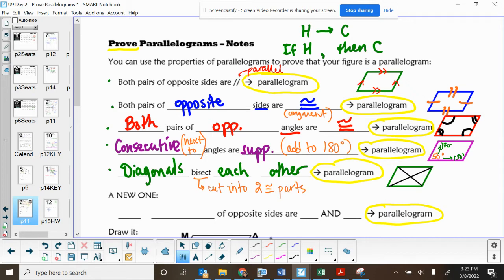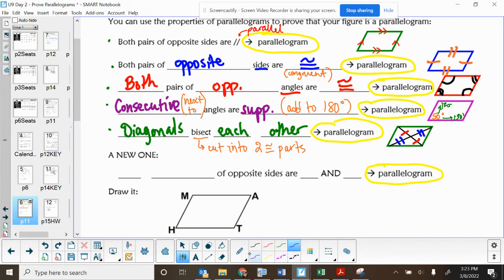So to mark that on the picture, we'll say, well, these 2 halves of the diagonal are the same, and these 2 halves of this diagonal are the same. So all of those properties we already wrote and put into pictures earlier in the packet. But now we have a new one that is a new way to prove parallelograms.